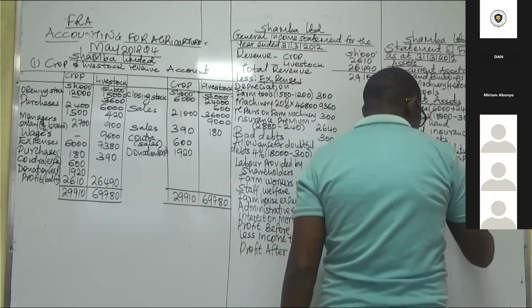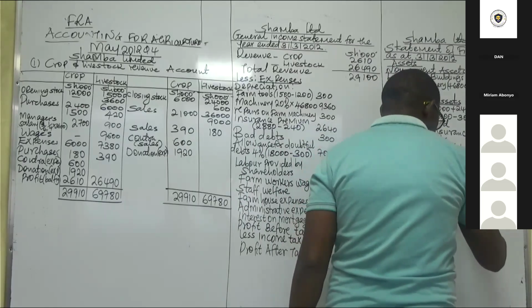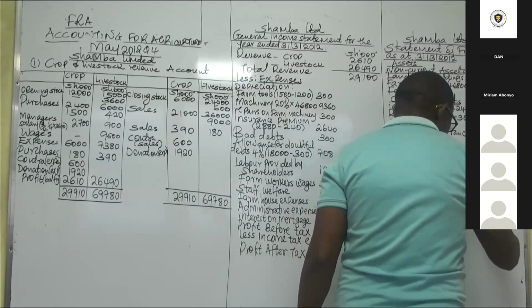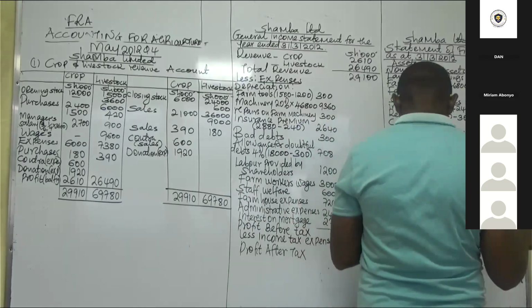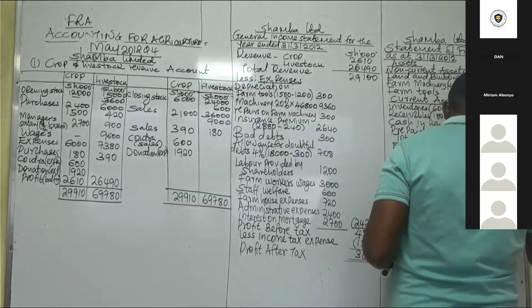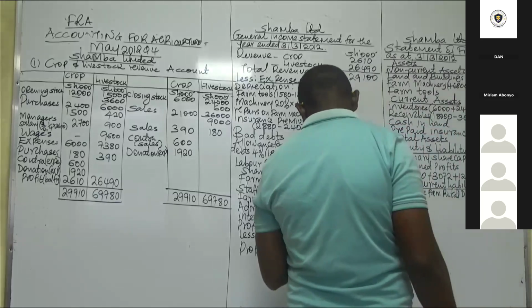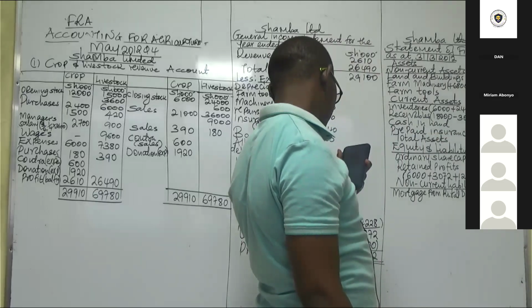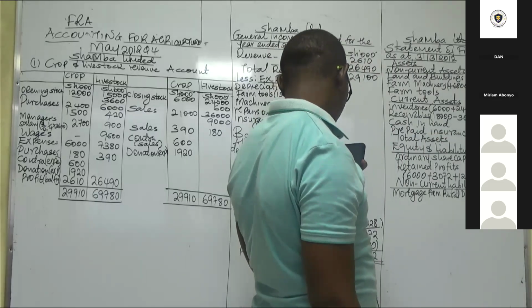The Rural Development Bank was of how much? Mortgage from Rural Development Bank was 36,000. We don't have another loan.